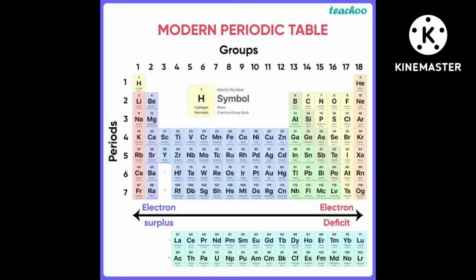It is very clear that by electronic configuration you will come to know the physical and chemical properties of the element and its compounds, and quantum numbers are related to electronic configuration.